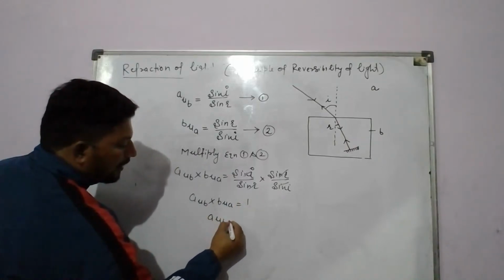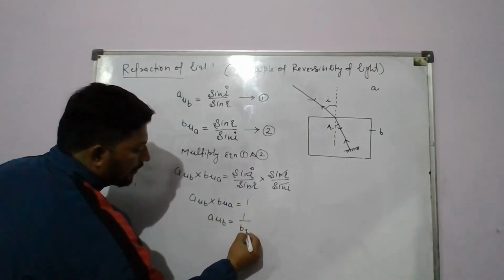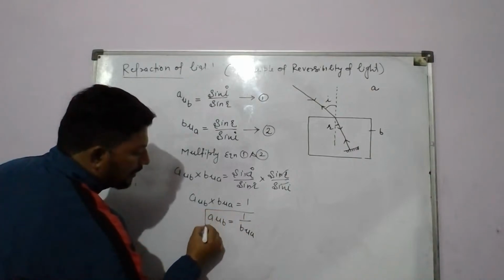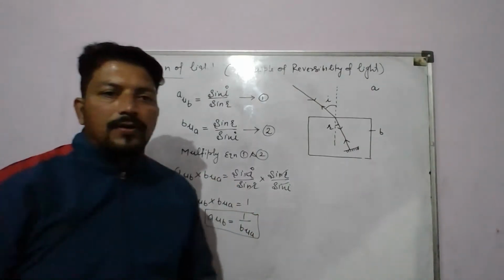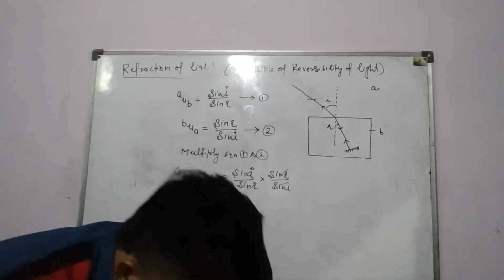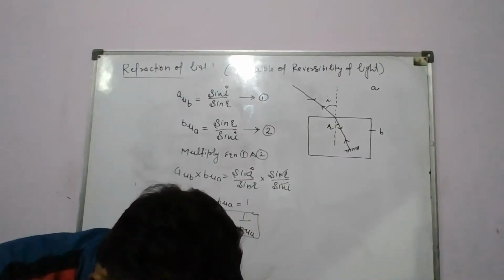So A mu B is equal to 1 upon B mu A. This is the relation of the principle of reversibility of light in a medium.